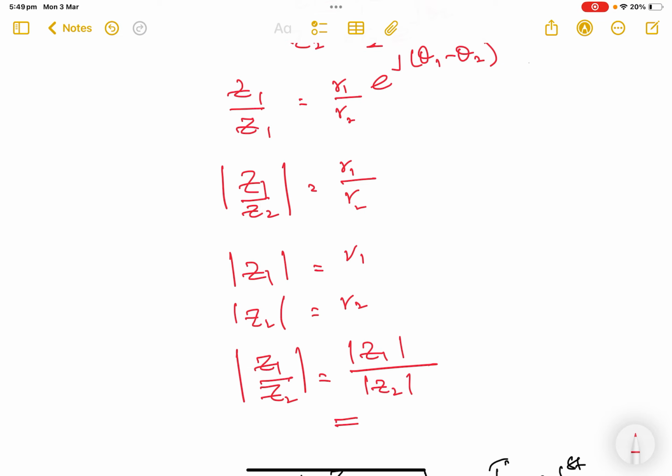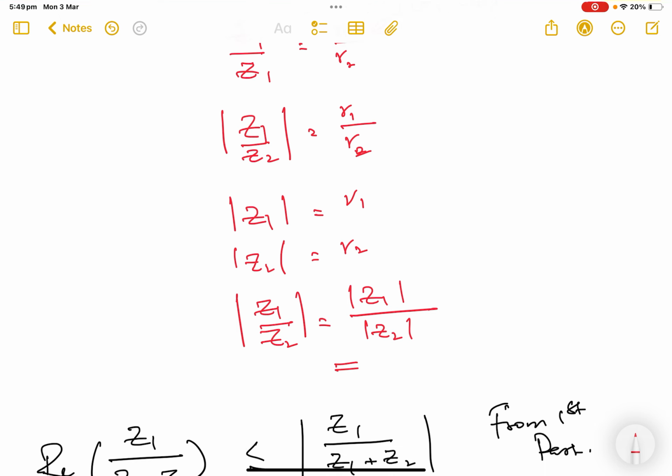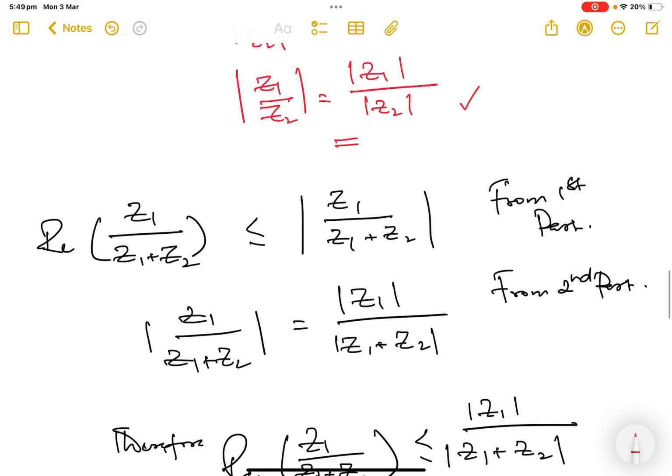Then the modulus of Z1 over Z2 is R1 over R2, because that is the modulus. The modulus of Z1 is R1, the modulus of Z2 is R2, so the modulus of Z1 over Z2 equals the modulus of Z1 divided by the modulus of Z2. So it's another way of proving it. This particular method may not be in the Sri Lankan A-level syllabus. The first format, yes, is applicable.